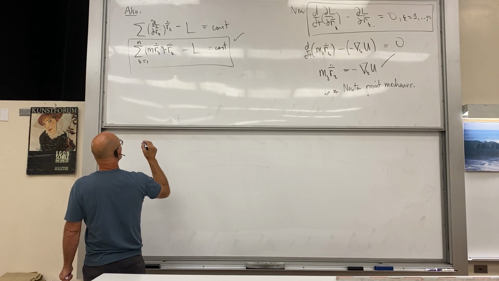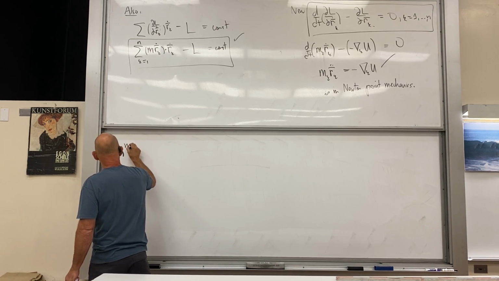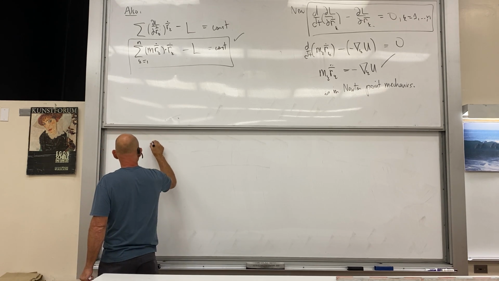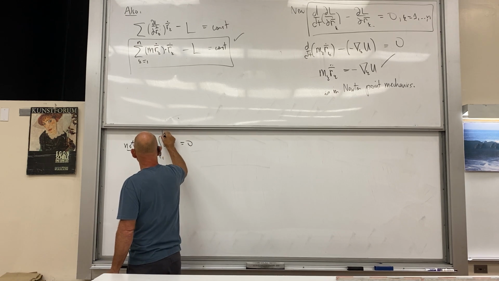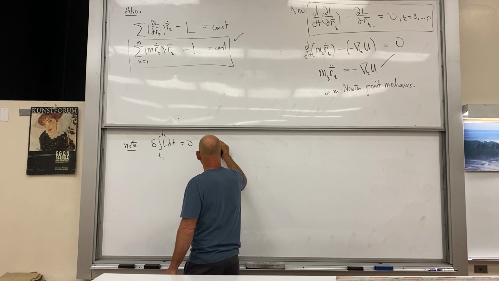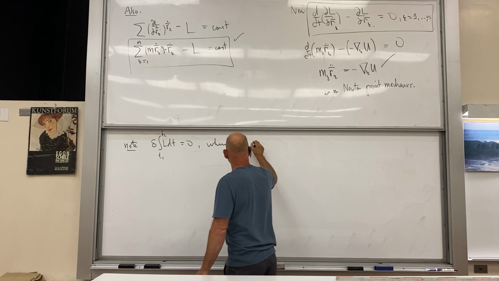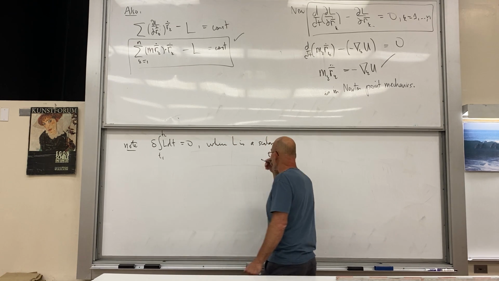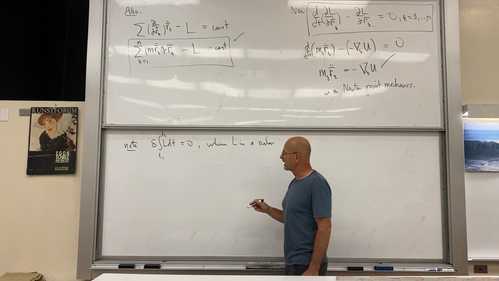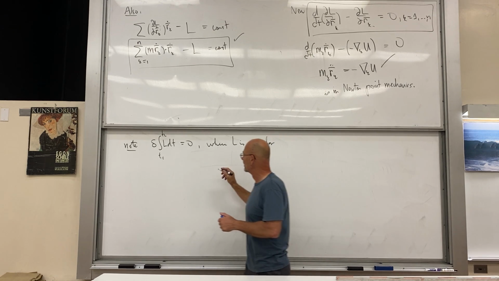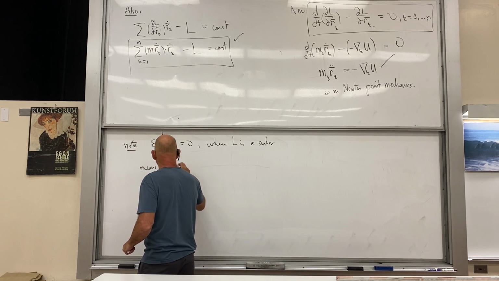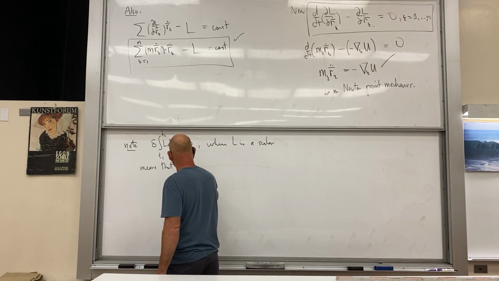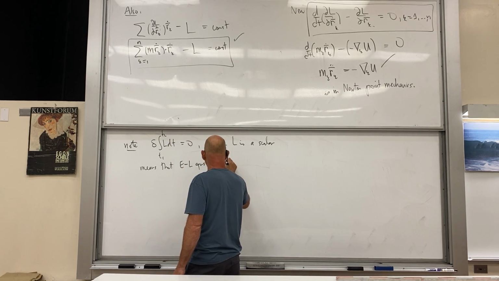Okay, so generalized coordinates. And I'll put this as a comment. This variational principle, from T1 to T2, where L is a scalar, means that we can use any coordinates, and the Euler-Lagrange equations are correct.